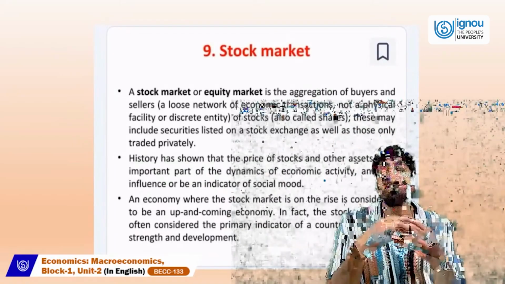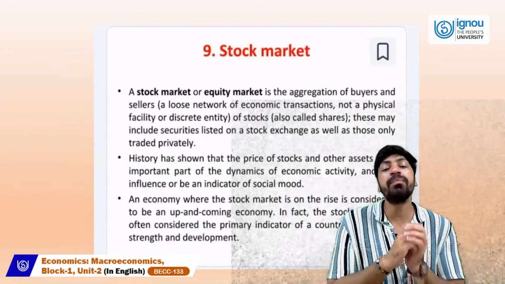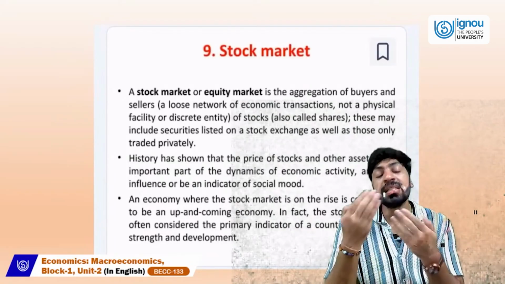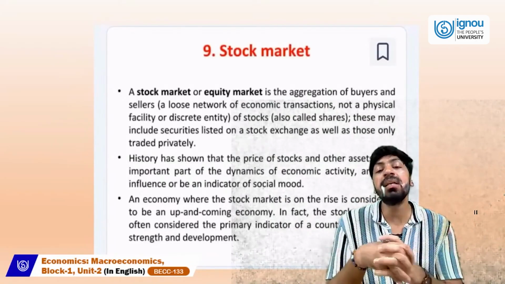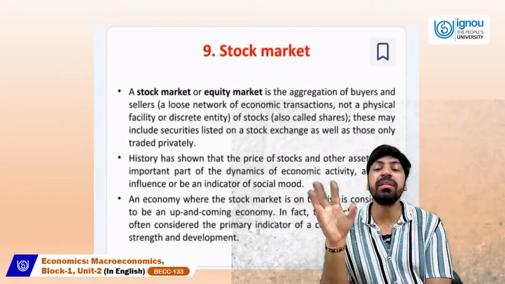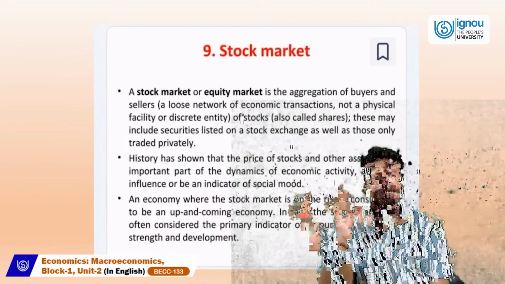Where plenty of customers invest in the products of the stock exchanges, automatically that's the main reason it's called an up and coming economy. And the stock market is also considered the primary indicator of economic development and strength.